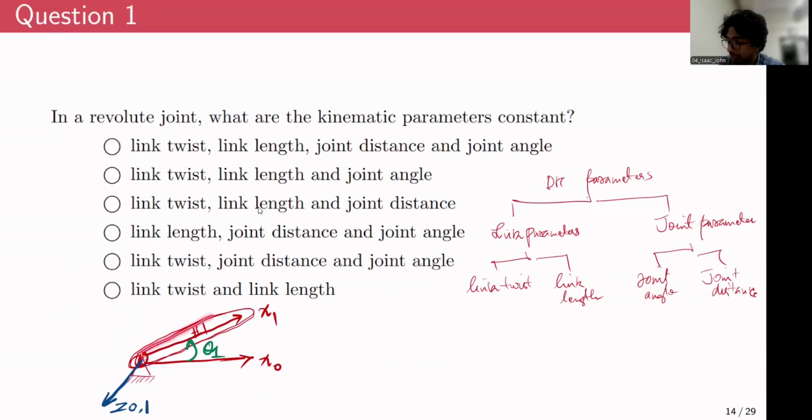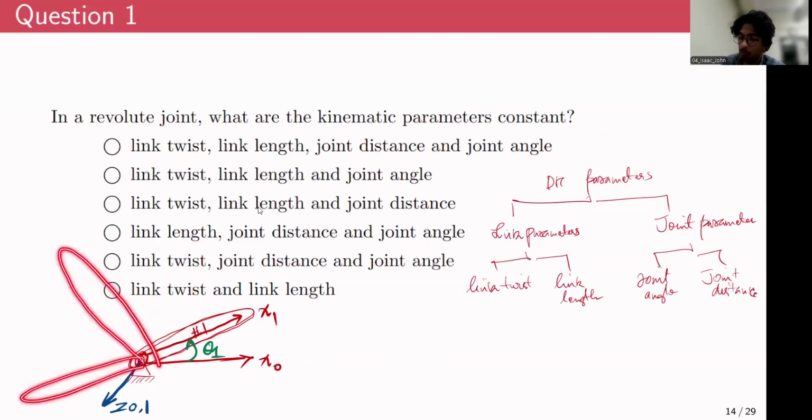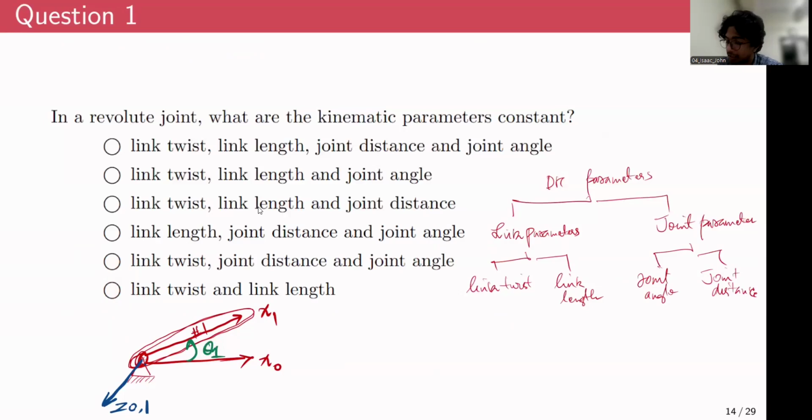If we have a revolute joint like this, at one instance this angle could be theta1, and at some other instance it could be at some other orientation, maybe a different theta. So depending upon what orientation that revolute joint has, this joint angle keeps on varying. But everything else is the same. The link length is the same.